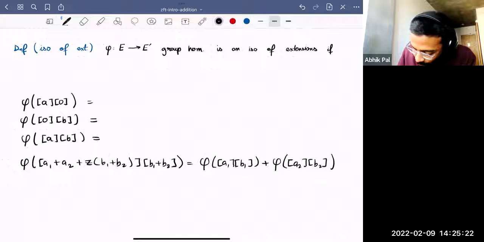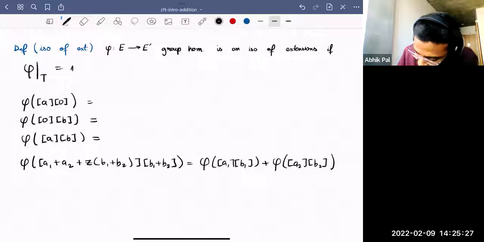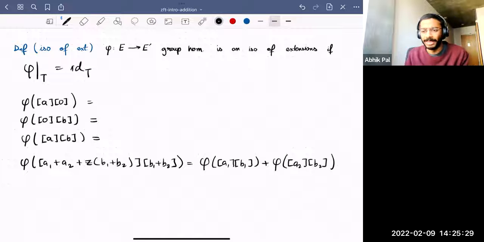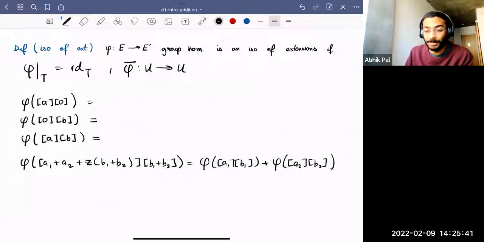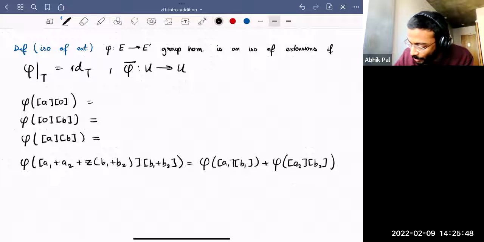So the first thing that I want is that I want this to restrict to the identity on T. So I do not want my tens place digits to change under this homomorphism. And I want the induced map that is going from the quotient U to the quotient of E prime by T, which is also U, to also be just the identity map on U.